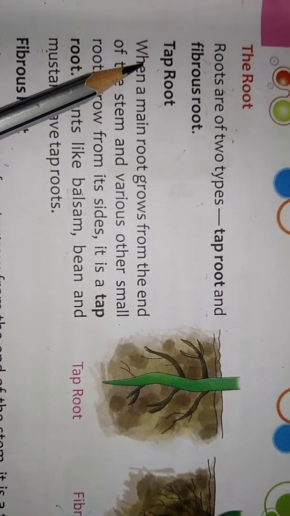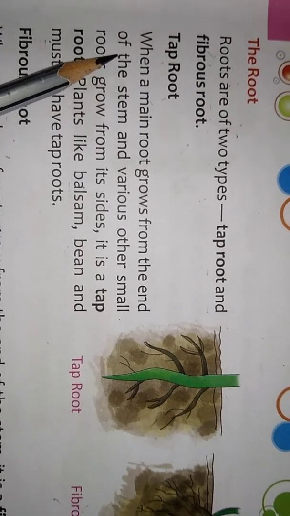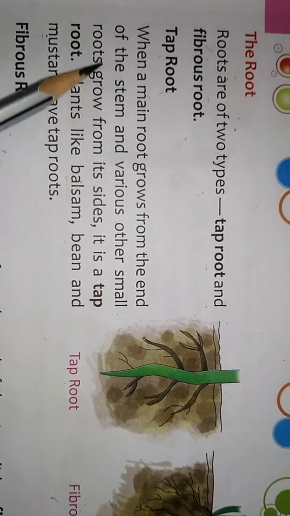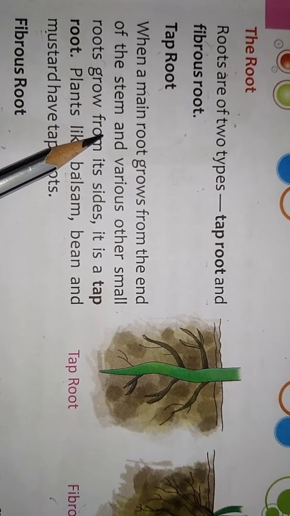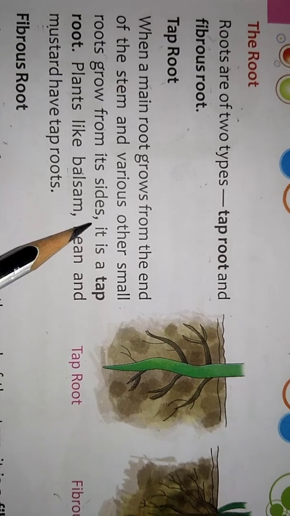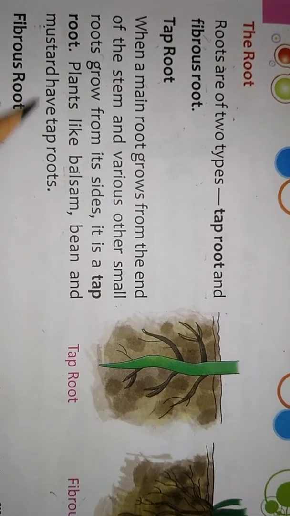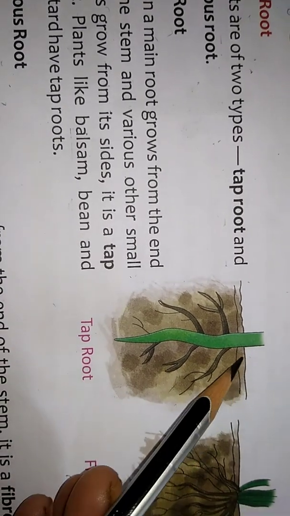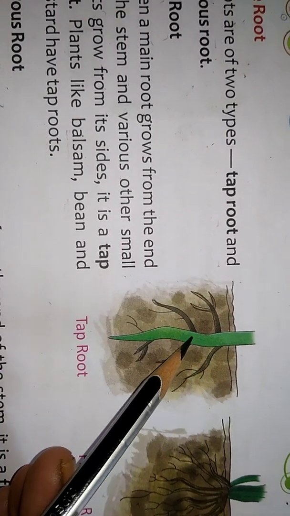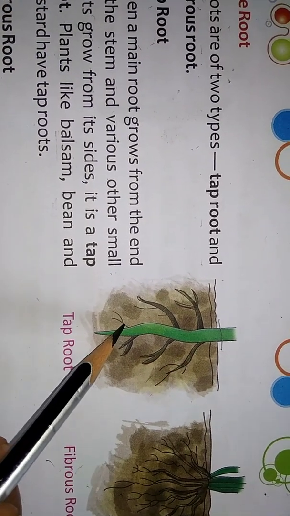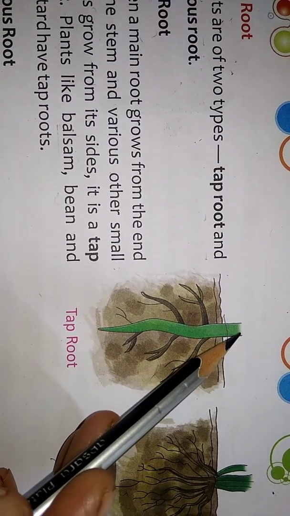Now we are going to see the taproot first. When a main root grows from the end of the stem and various other small roots grow from its sides, it is a taproot. Now you can see here, this is the main root. It is growing from the stem, inside the soil, and the upper side is the stem.